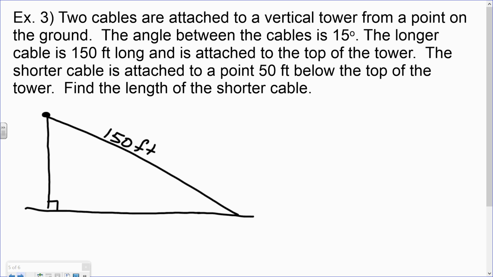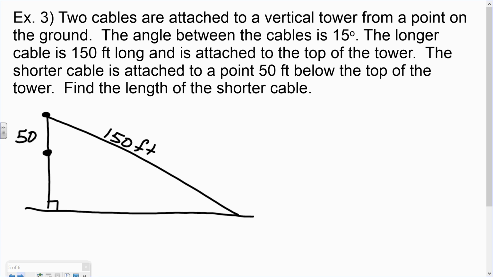And then I know I've got a shorter cable that's attached 50 feet below the top. So that's going to be right here, and that's 50 feet right there. Now, does that mean I need to just draw a parallel line to that first hypotenuse and come down to the ground? Is that what it's talking about? You're correct. It does not talk about that.